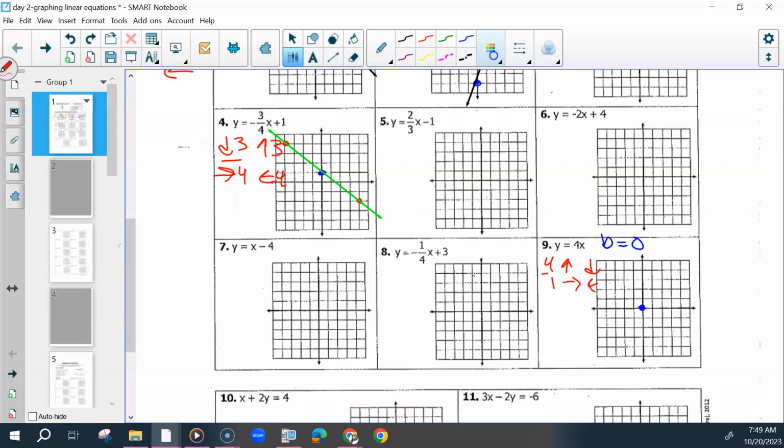So up 4 to the right 1, down 4 to the left 1. Any others in that section, 5 through 8?